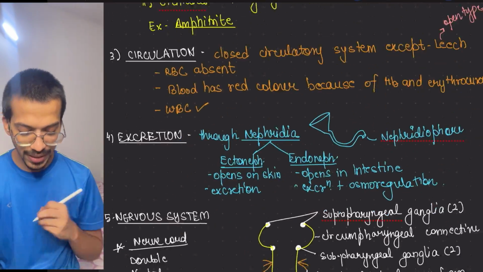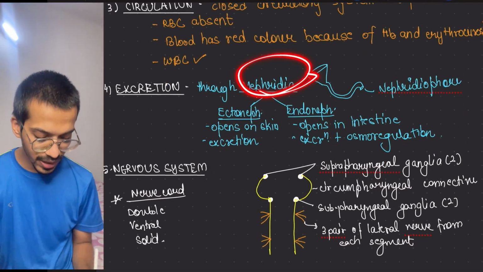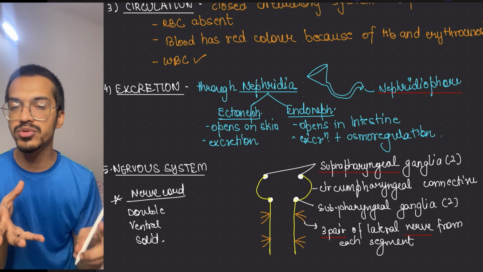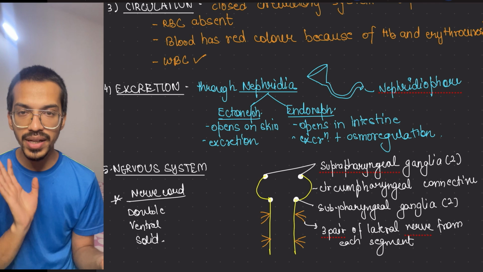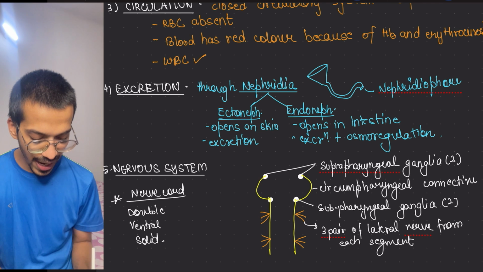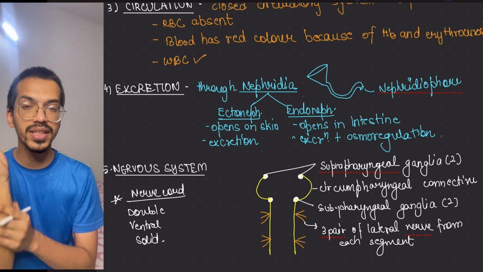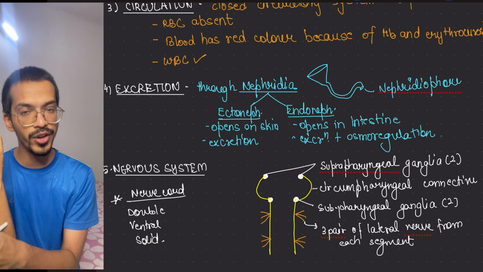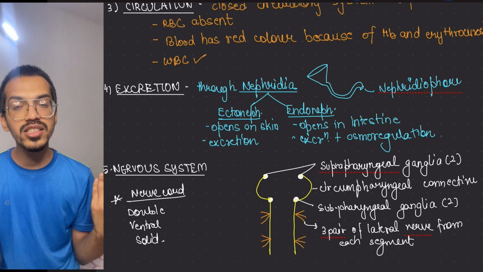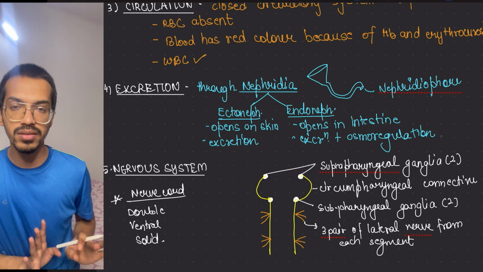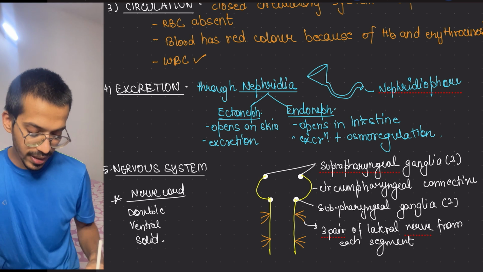Here it is done by the nephridia. It has a nephridiopore, this opening. Different types of nephridia are there. One is ectonephridia, one is endonephridia. Ectonephridia means these pores open on the skin and the waste goes out through the skin. Another opens into the digestive tract, meaning the waste comes out through the fecal route. That is endo.